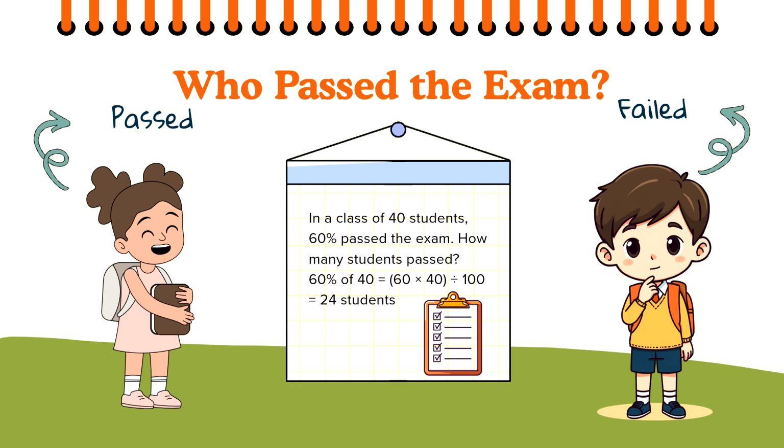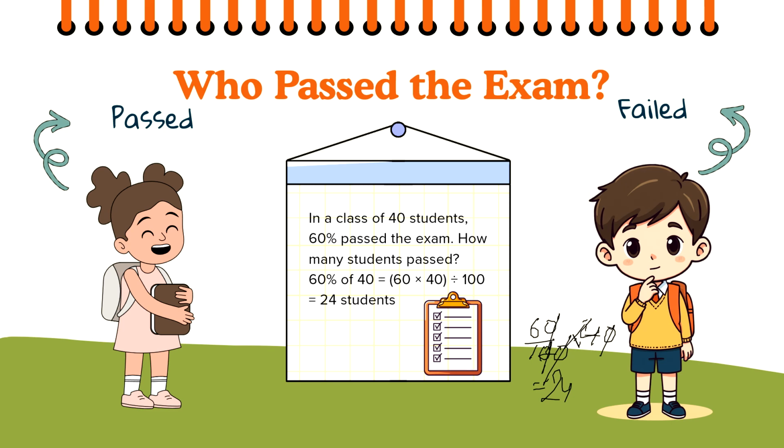In the same manner we will calculate: always convert it into 60 by 100. Now, 60% of what? 60% of 40. When we calculate, the answer will be 24. That is, 24 students passed the exam.